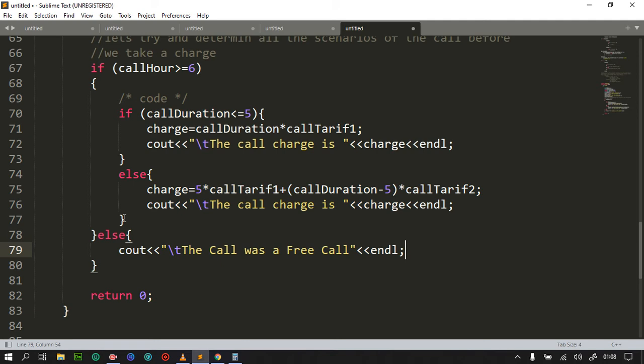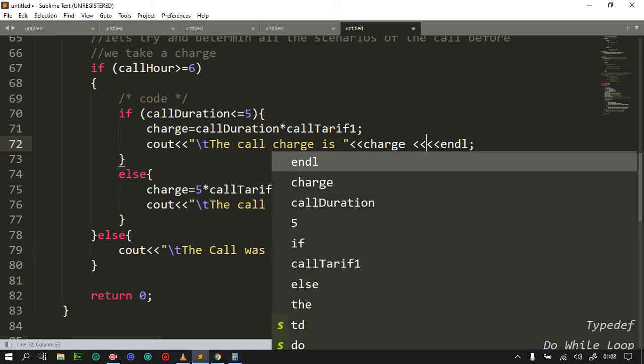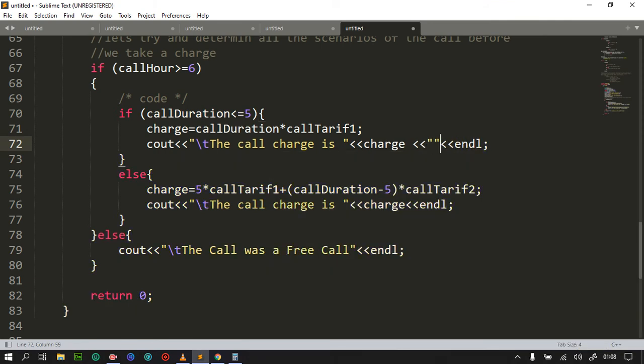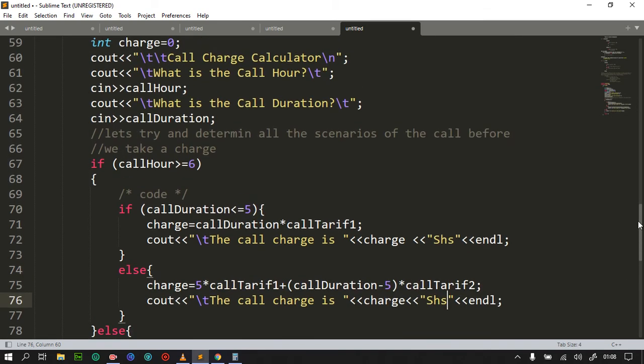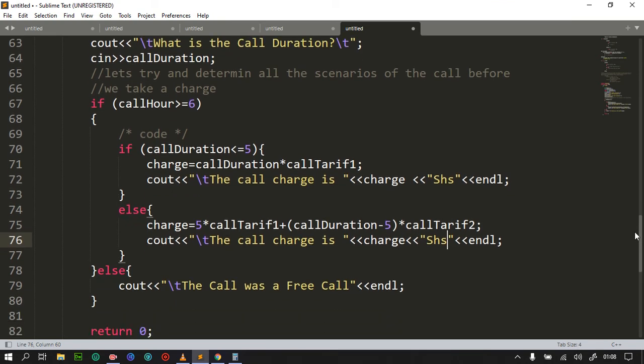Okay, so the call charge here, then we said we are charging shillings, right? So here we are going to say shillings, and here we are going to say shillings still. So the call charge was free call. Okay, does this really make sense? I believe it does.